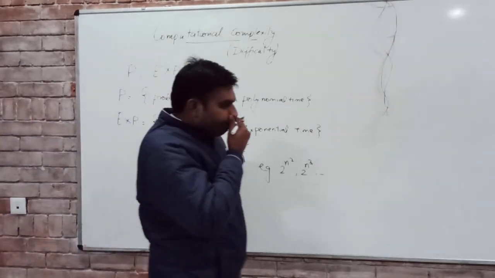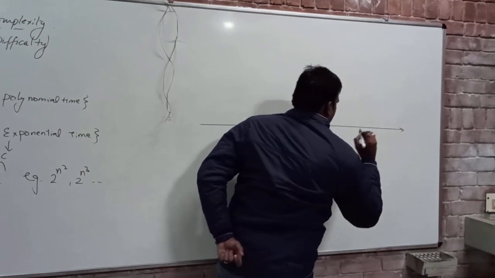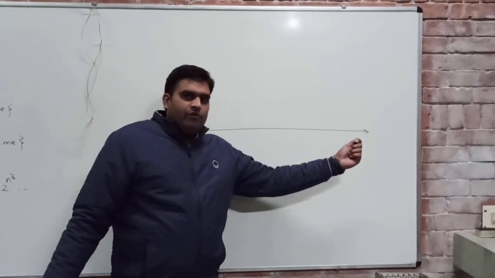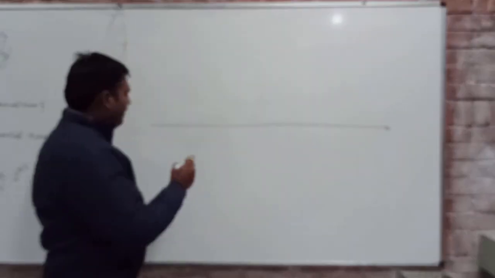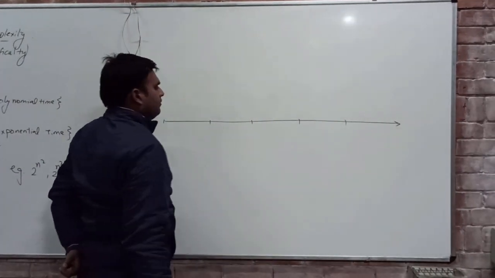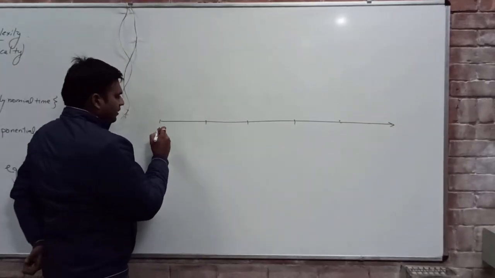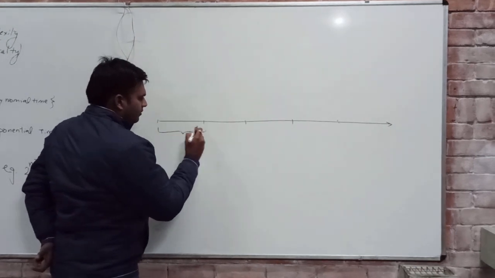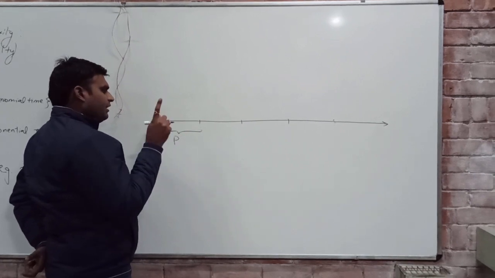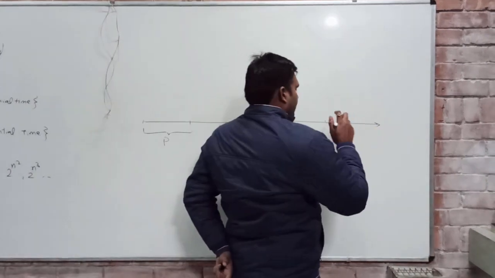Suppose we have a line of difficulty where, going from left to right, the level of difficulty increases. We can have 4 stops on this difficulty line. This is P. All the problems which are in class P are here on this difficulty line.